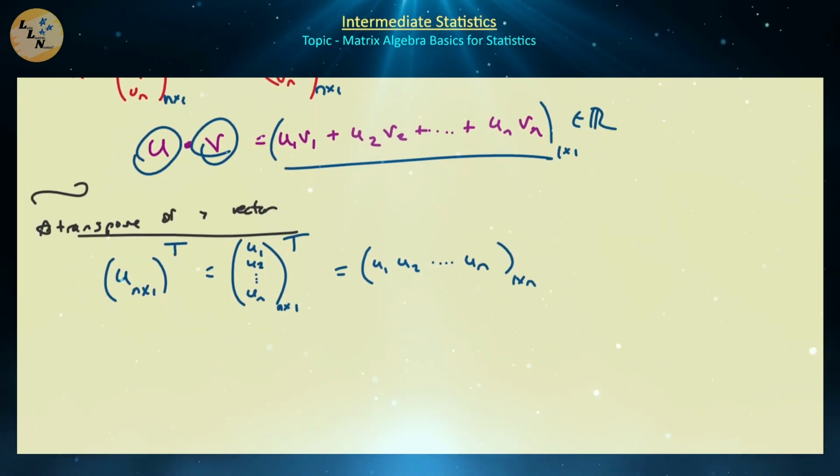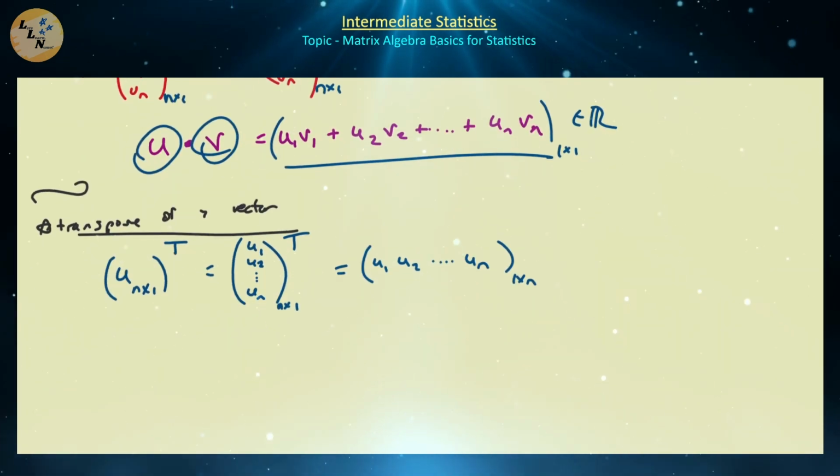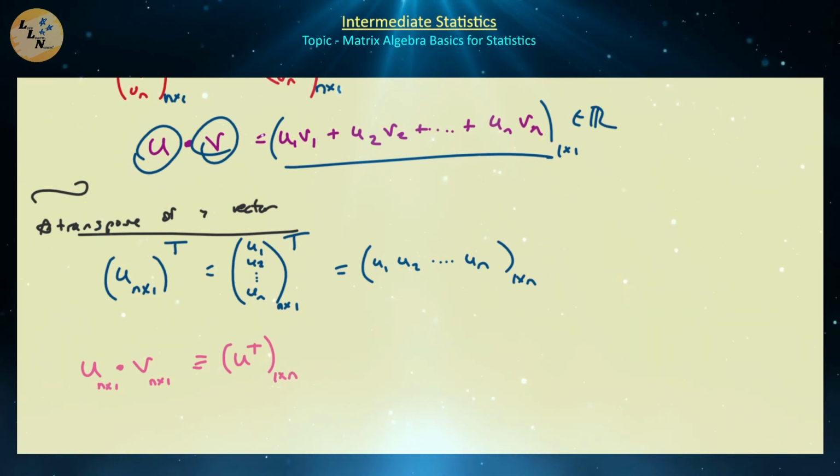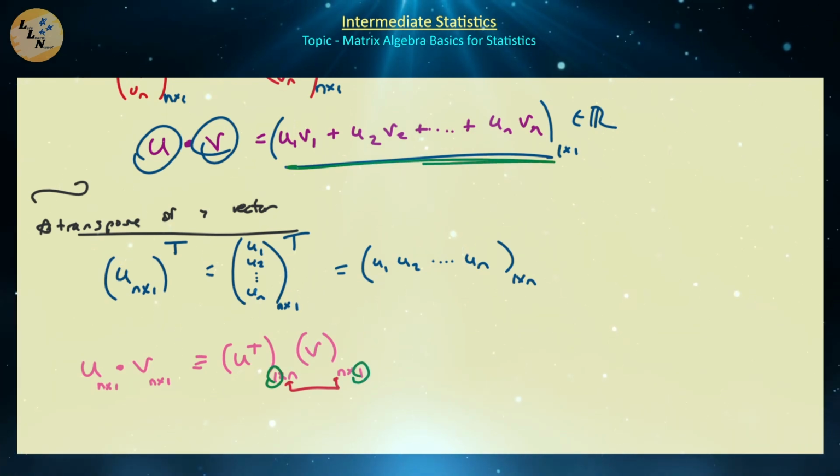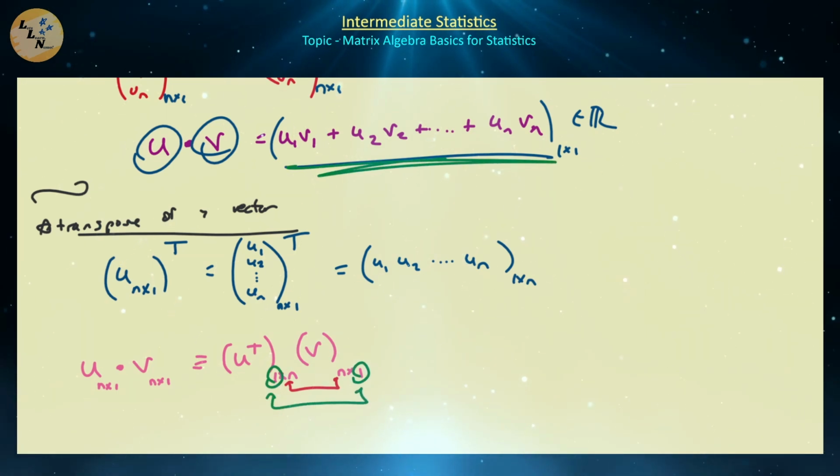And the reason we want to introduce the transpose is because the dot product between u and v, so this is the dot product of n by 1 and n by 1 vectors, can be equivalently represented as the transpose of u, which is going to be a 1 by n, multiplied by a vector v, which is n by 1. And notice here that the inner dimensions n and n are equal to each other, and the resulting scalar that we get is a 1 by 1, which is the outer dimensions.